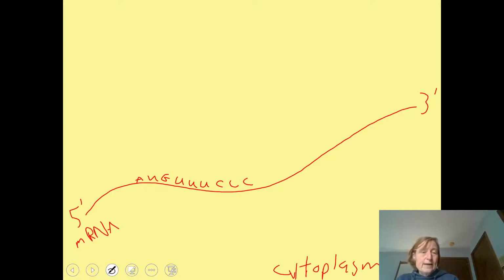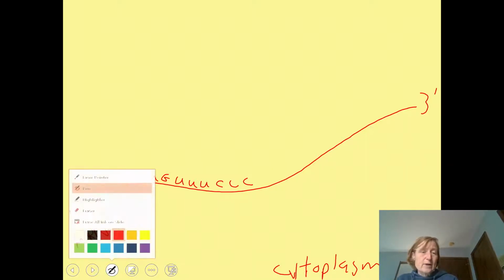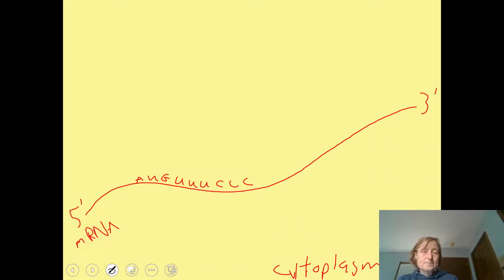Right? And we have nucleotides on this mRNA molecule. At some point on the mRNA molecule, kind of close to the 5' end, is the nucleotide sequence AUG. That's our start codon, okay?